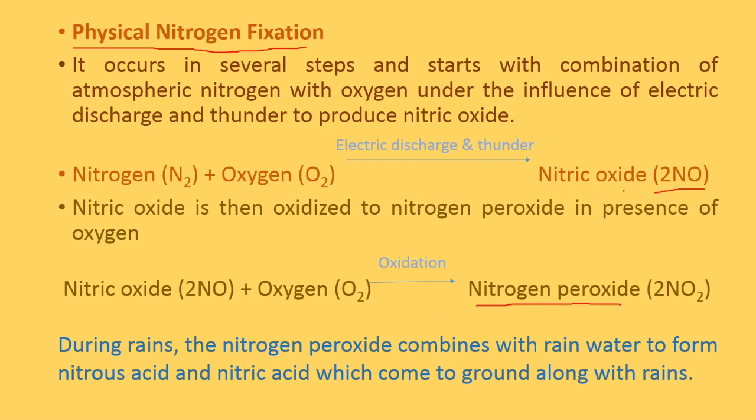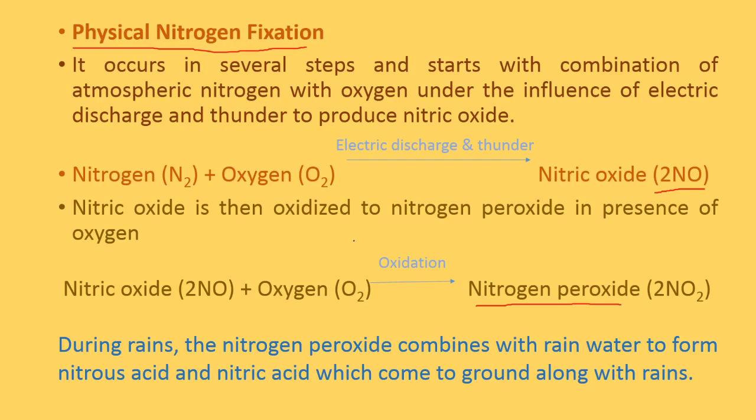The formula for nitric oxide is 2NO, but it again gets converted into nitrogen peroxide, 2NO2, in the presence of oxygen, and it gets oxidized. Now in the next step, during rains, the nitrogen peroxide combines with rainwater to form nitrous acid and nitric acid, which come to the ground along with rain.